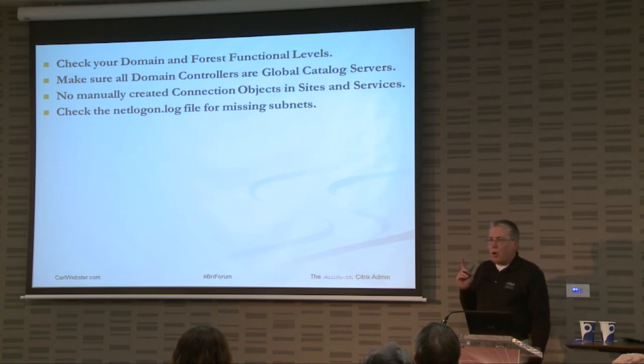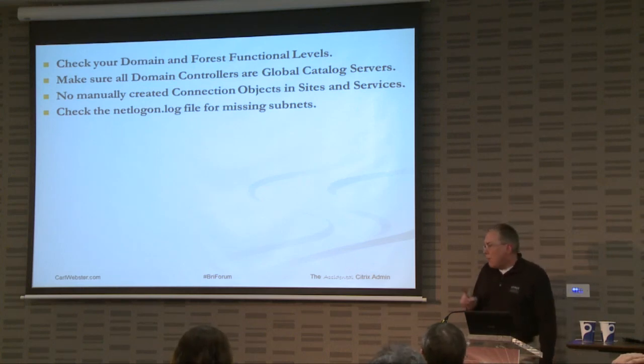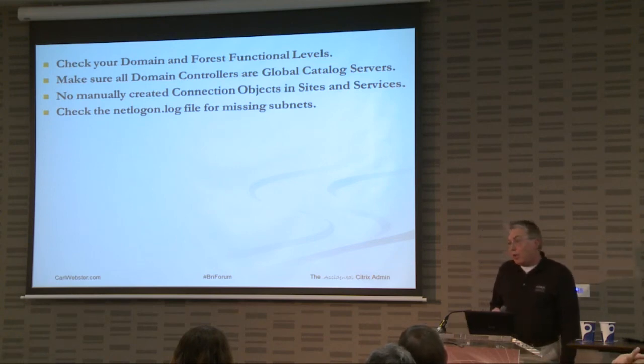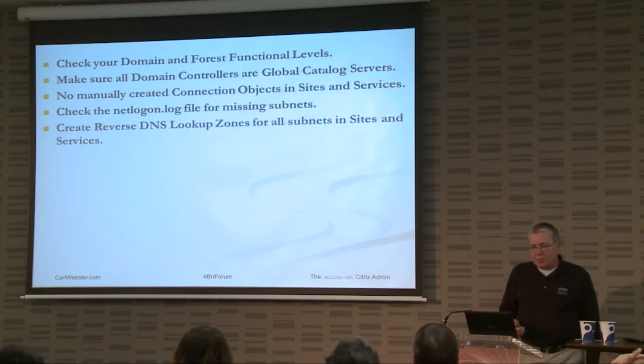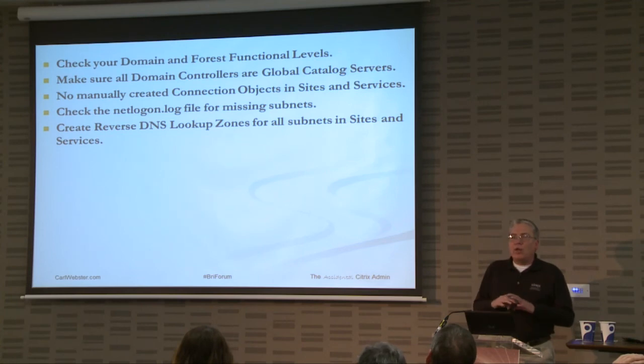Those recent entries are IP addresses from computers that have authenticated on that domain controller. And that domain controller may not be the optimum domain controller for the client that authenticated with it. So fix that.